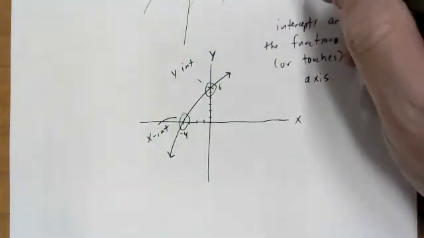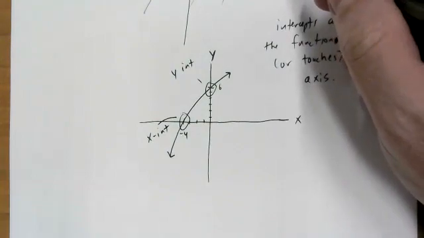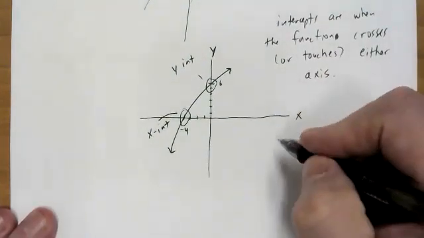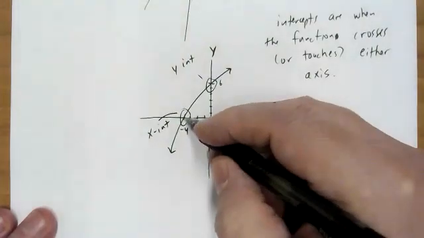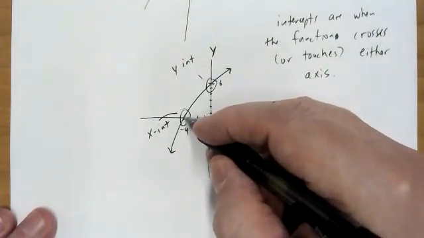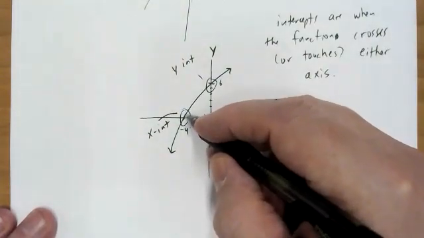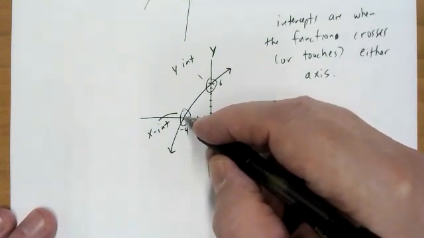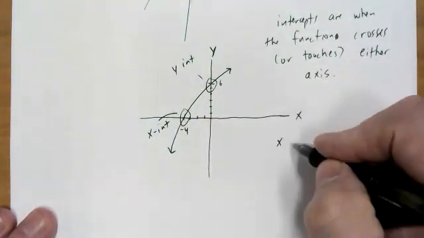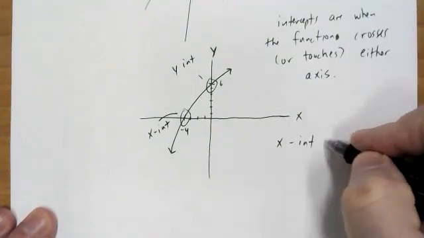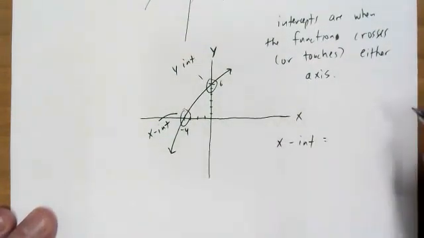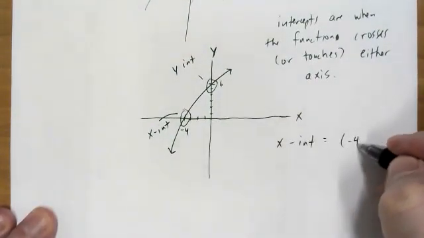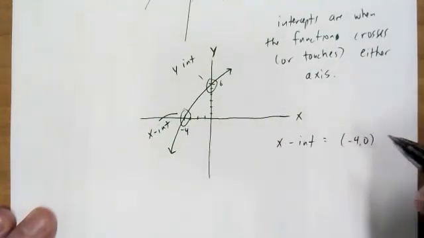If you were given this graph and asked to find the intercepts, it makes sense. The intercept is actually a point. It's the point at which this graph crosses the x-axis. So the x-intercept, you would say, is -4, 0. That's that point.